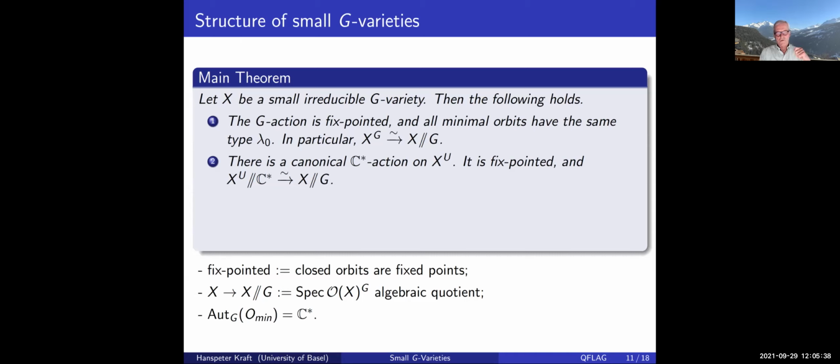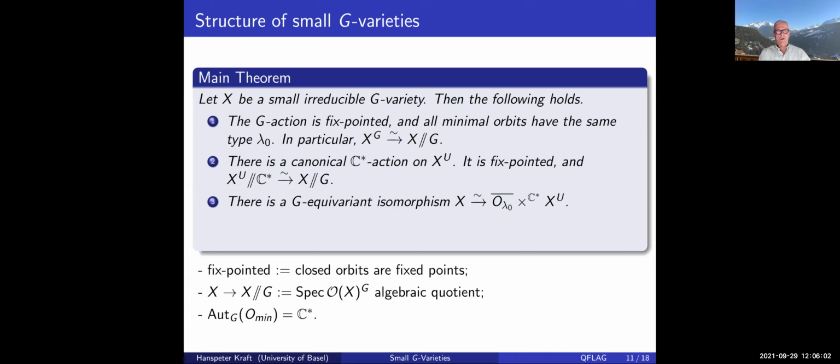Recall the automorphism group of O mean is C star. And now the claim is here, the structure. You can reconstruct your variety X from the U fixed points using this C star action on XU and on O lambda naught bar.